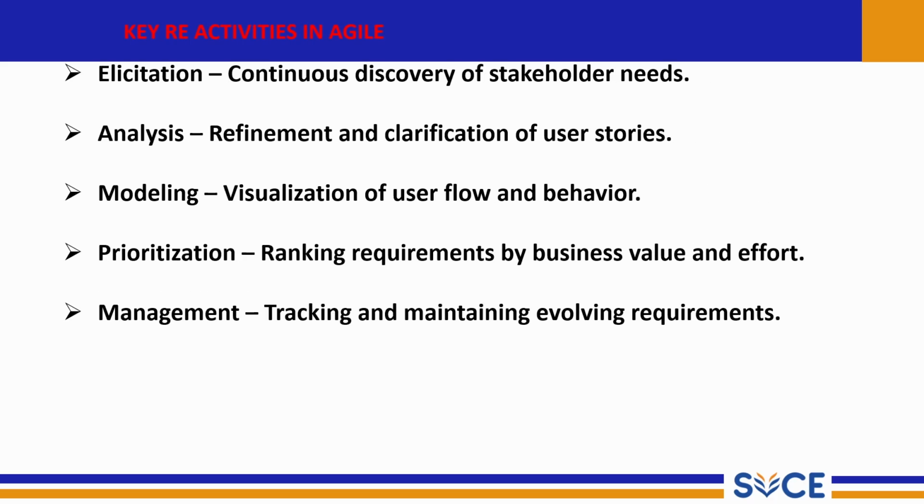In the next slide, we will see the key requirement engineering activities in Agile. Already we know that requirement engineering activities are five steps: elicitation, analysis, modeling, prioritization, and management. Number one, elicitation, the continuous discovery of stakeholders' needs.